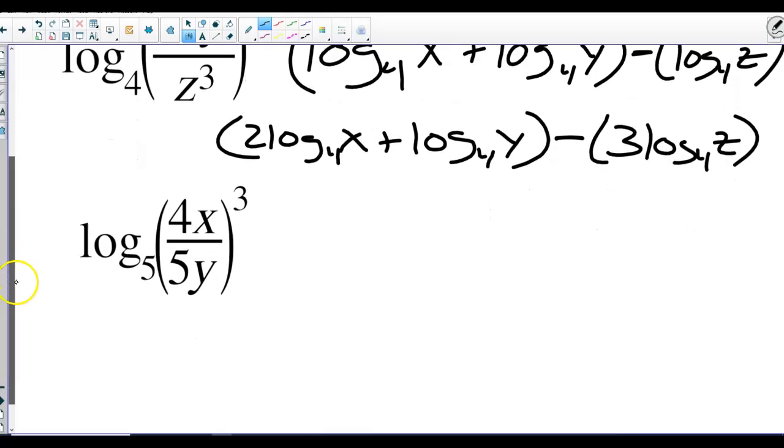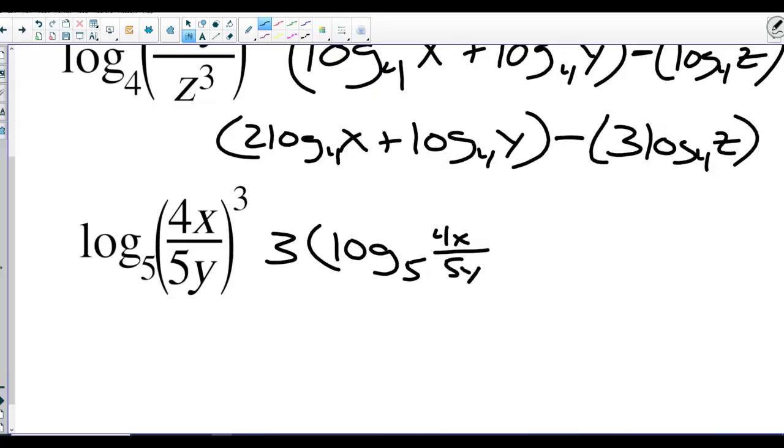Now the second one, when you have an exponent outside parentheses like this, here is what I would do. I start by putting the 3 in the front. So log base 5, 4x over 5y. And now I'm going to break that log down.